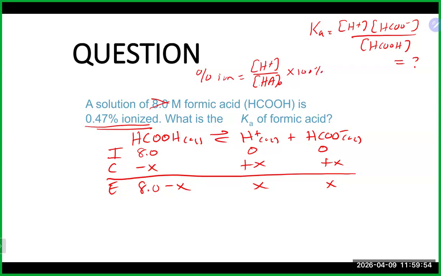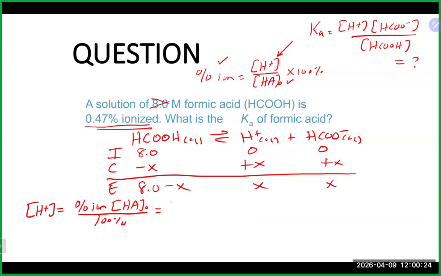They gave us the percent ionization, and we know the initial concentration of the acid. That allows us to calculate the concentration of H plus in the solution. If we rearrange, the concentration of H plus equals the percent ionization times the initial concentration of the acid, divided by 100%.